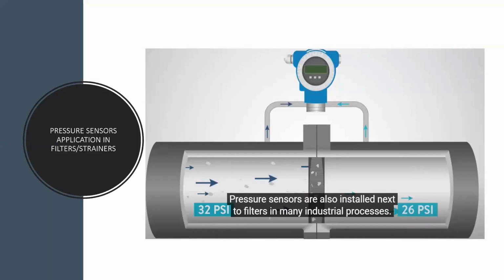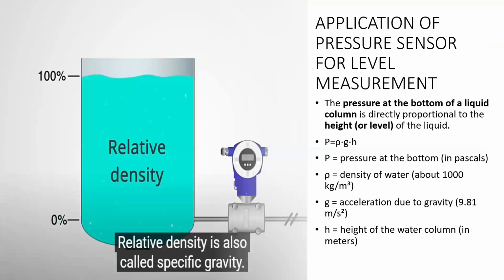Then going over here, another common use of pressure sensor is level measurement. As shown here, basically the hydrostatic pressure measured from the sensor is being used. In manufacturing industries, this is a common and effective method for measuring the level of liquids in a tank or in vessels.